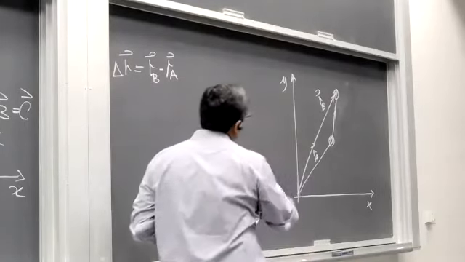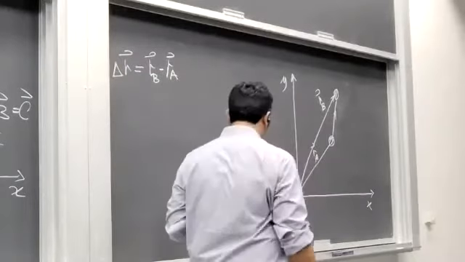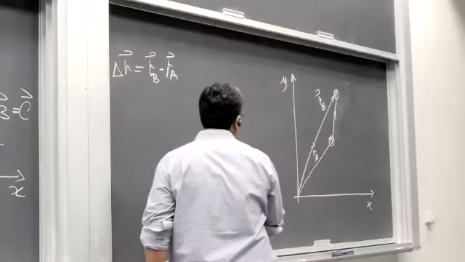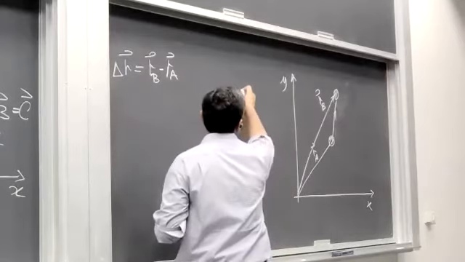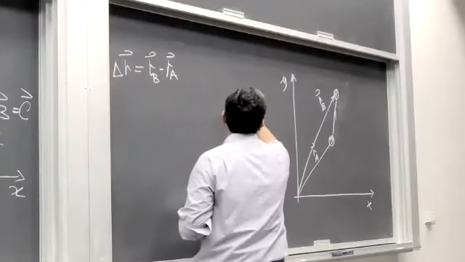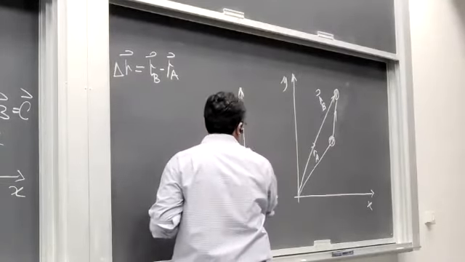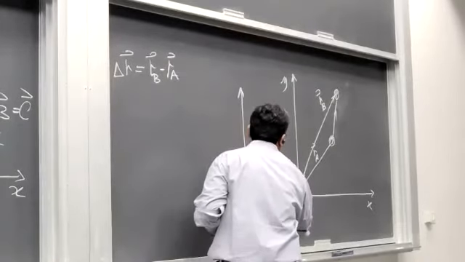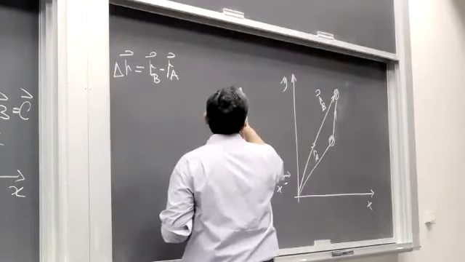And now we look at this displacement from another coordinate system. So let's say I have a coordinate system which is here, and I call it X prime, Y prime.